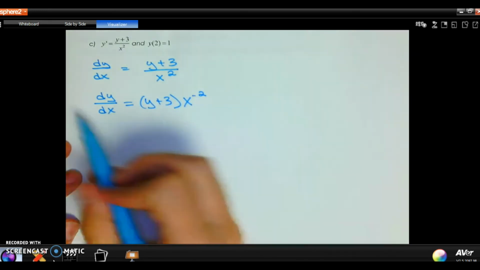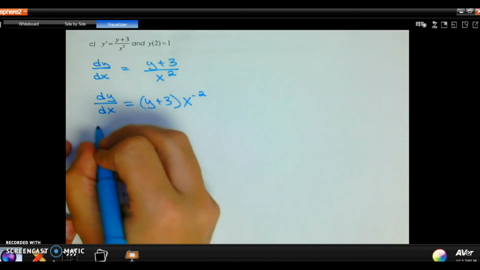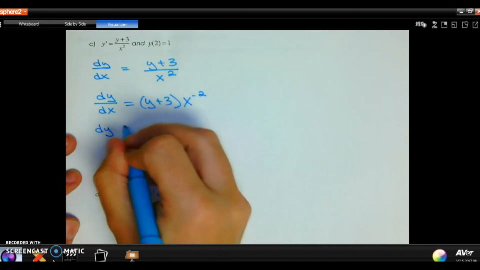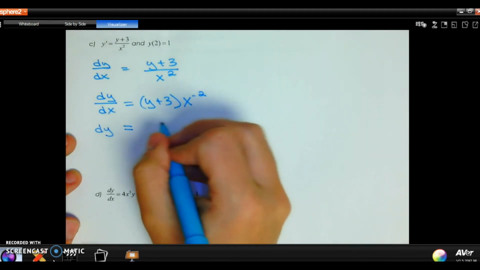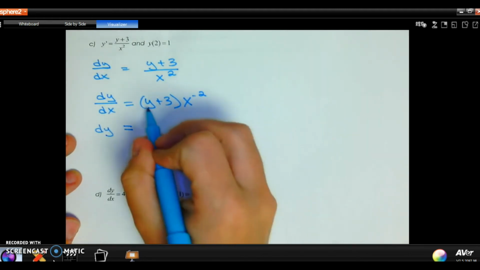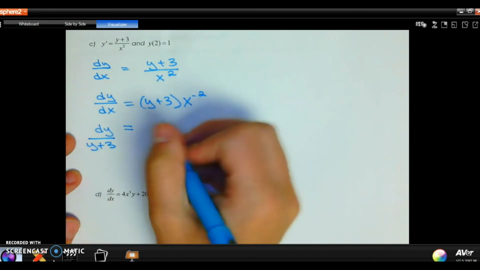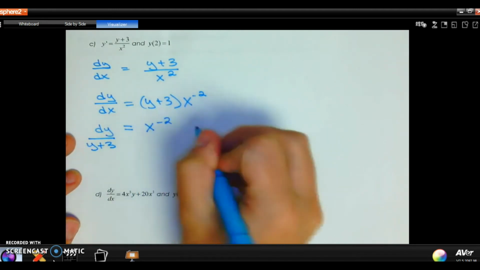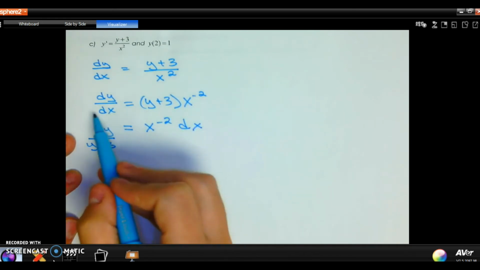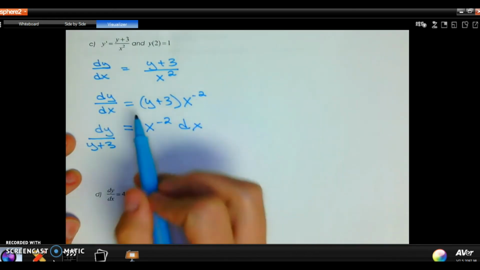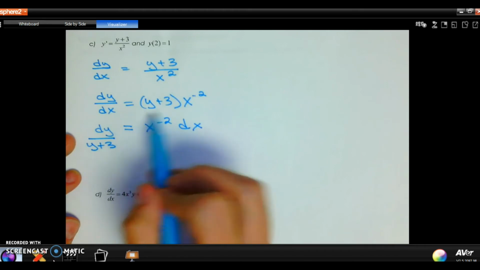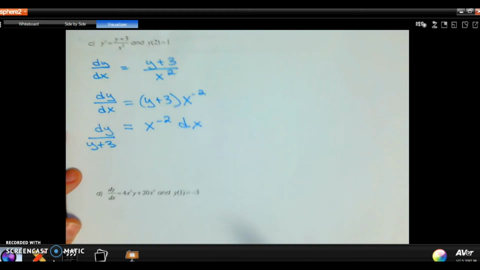Now I multiply both sides by dx, so then I get dy equals, and if you multiply by dx and also divide by this at the same time, you're going to get those together, and then you're going to have x to the negative 2 dx. So in this step, I multiplied both sides by dx, and I also divided both sides by y plus 3 to get that over there.